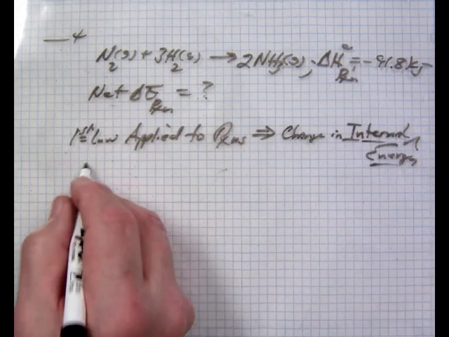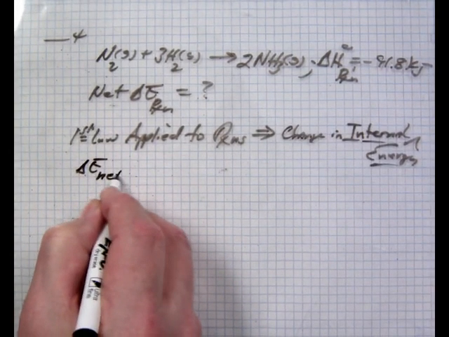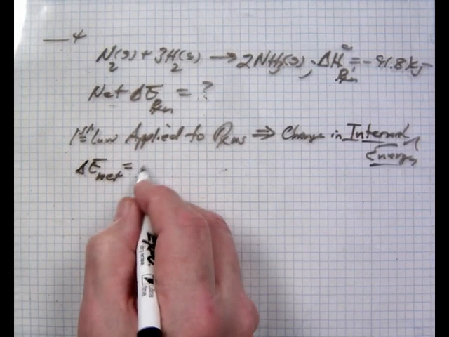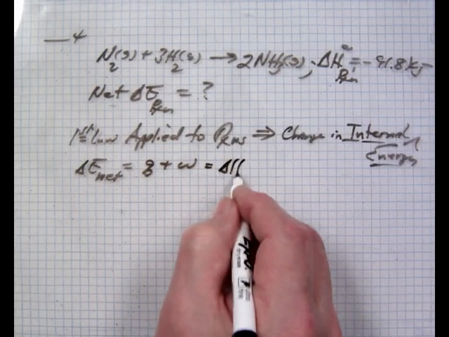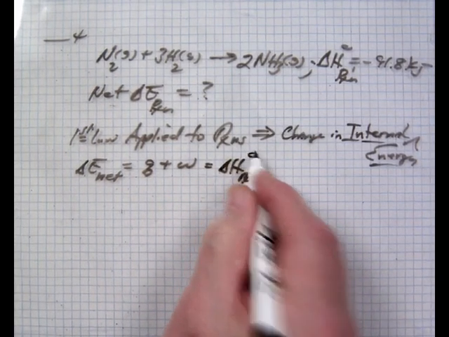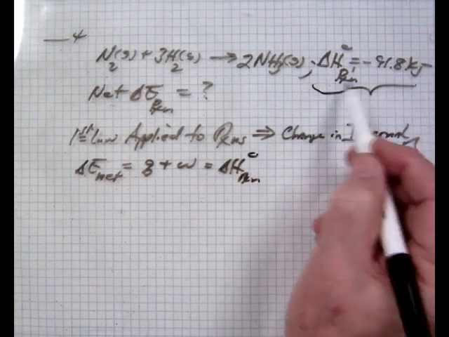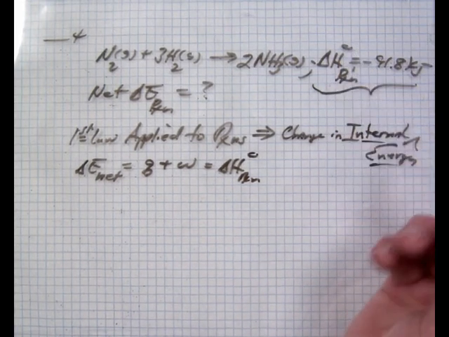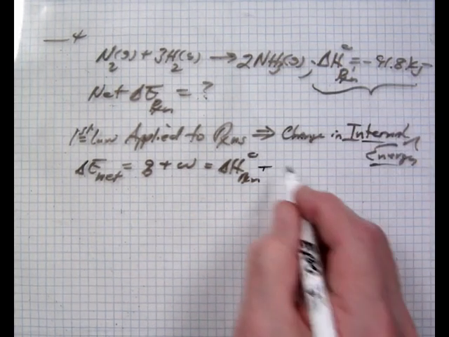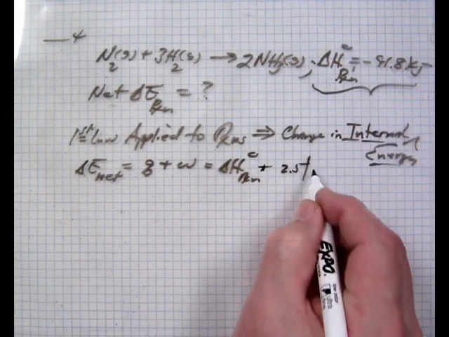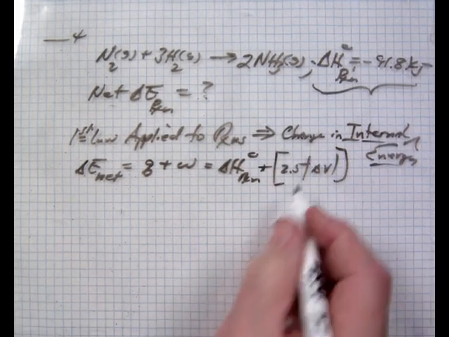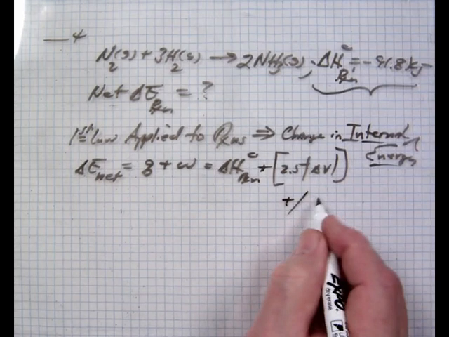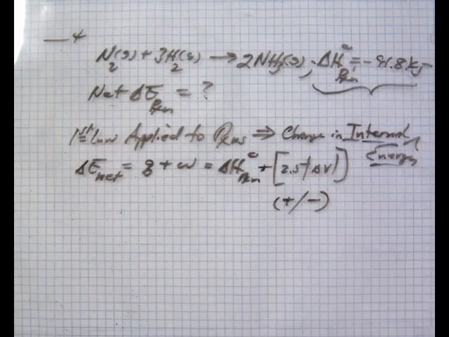Now, if we isolate the issues in here, the internal energy, delta E net, is Q plus W, which can be written as delta H of reaction plus 2.5 absolute delta V. And then you assign a plus or minus based on expansion here, and then you add them together.